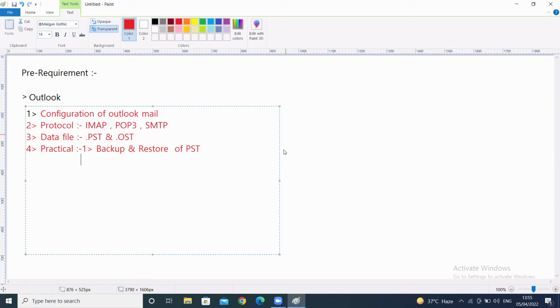Practical number two that is important for you: how to add a signature in Outlook.